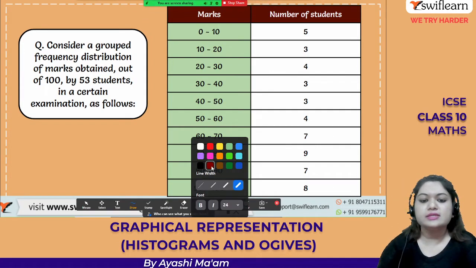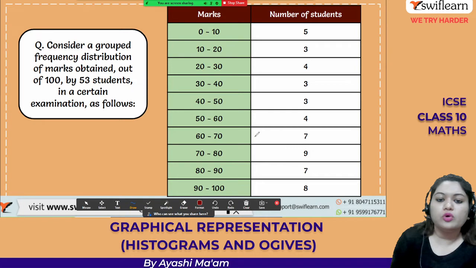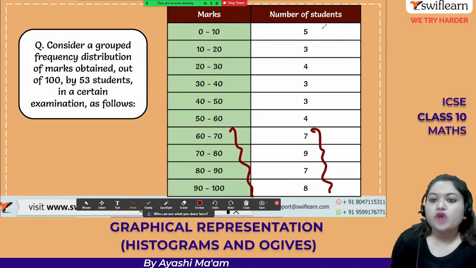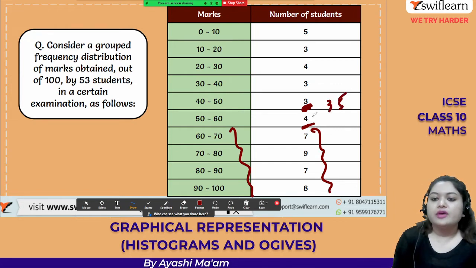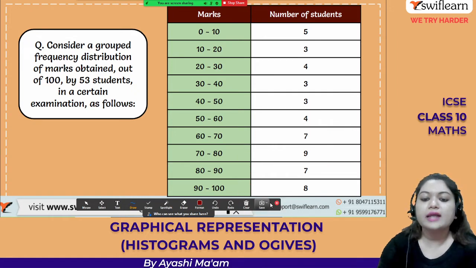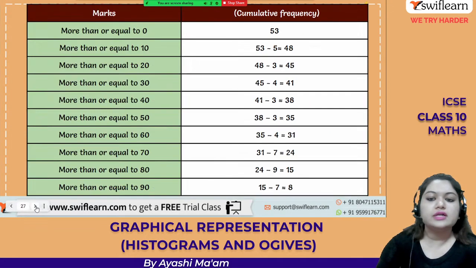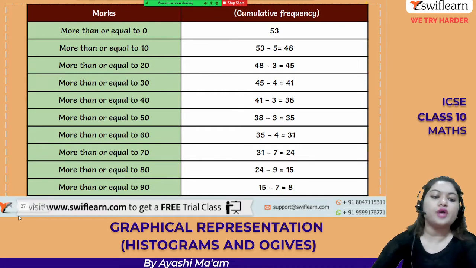This part is your more than or equal to 60. To find out the cumulative frequency of this one, from the total you need to subtract all. Till then we have got the answer as 35, and now you have to subtract 4 also. So 35 minus 4 is going to give you 31. This is how you have to do it.